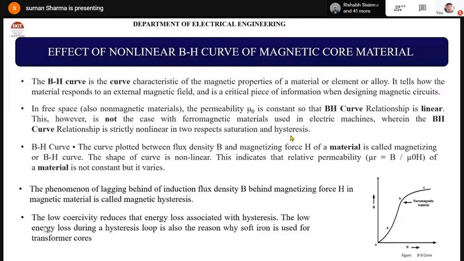So the low energy loss during the hysteresis loop is the reason why you use soft iron for transformer cores with a narrow hysteresis loop. Okay. So this is the effect of the nonlinear BH curve of the magnetic core material. This we have discussed in detail in the magnetic materials. So here only an outline is given to you.